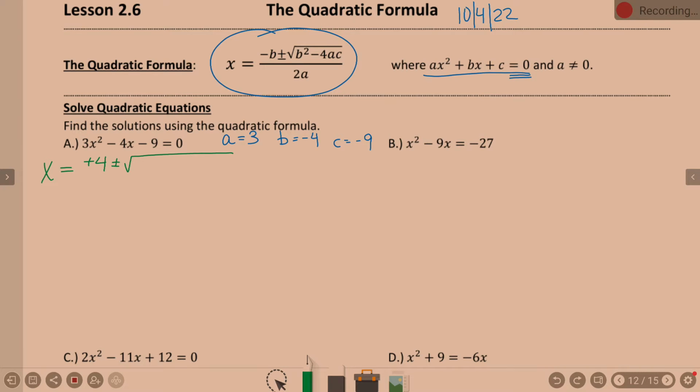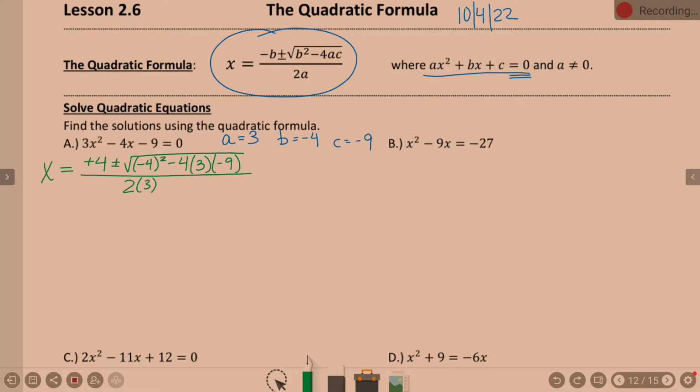What is b? Negative 4. Negative 4 squared, I'll talk about that in a moment. Minus 4 times a, which is 3, times c, which is negative 9, all over 2a, which is 2 times 3.